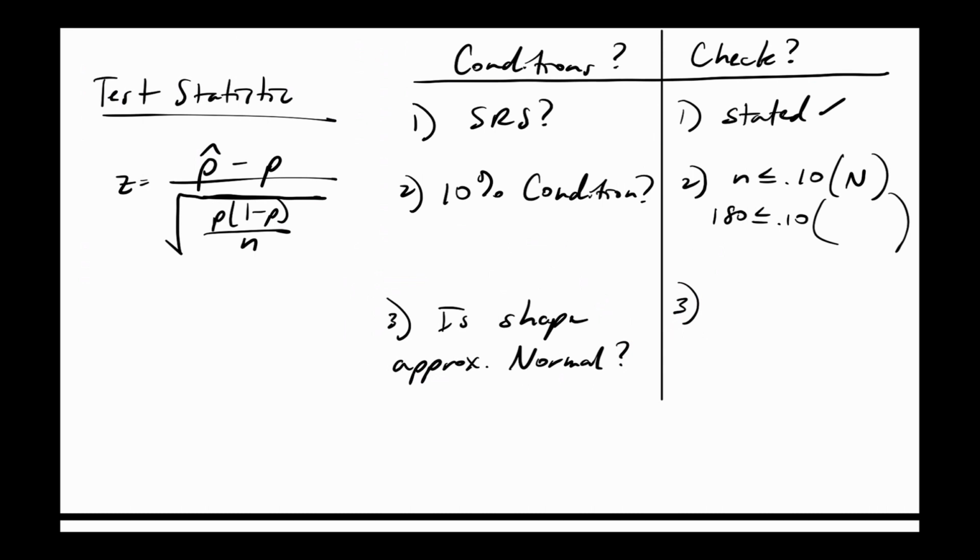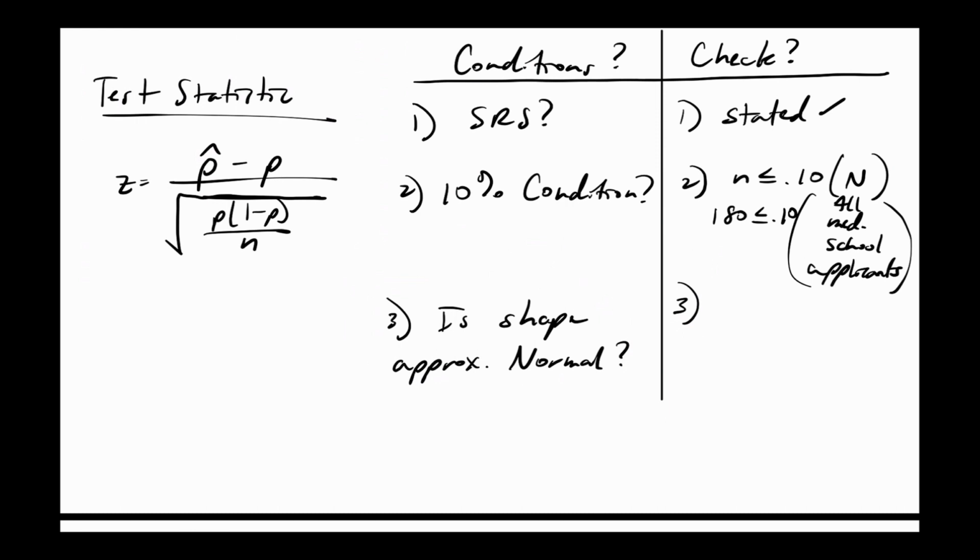If little n is the sample of 180 medical school applicants, what would big N be? There you go. All med school applicants.